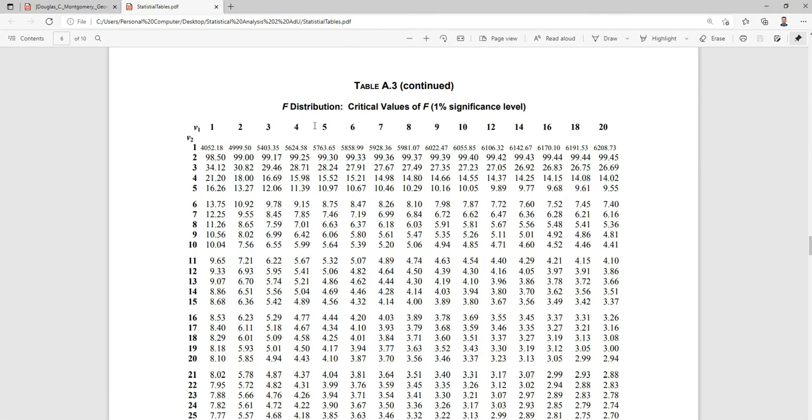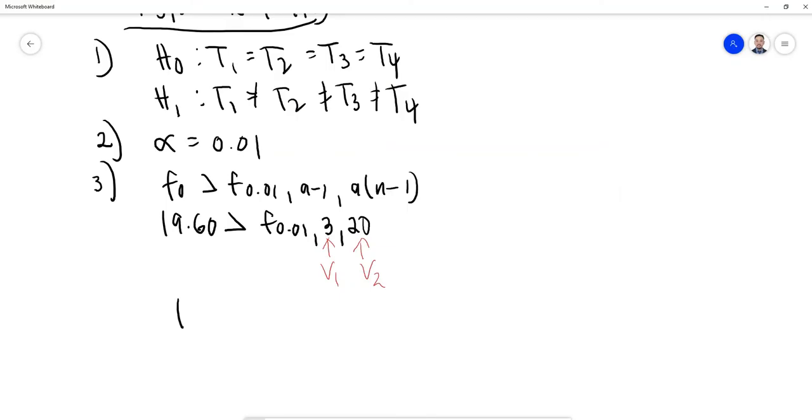Our F distribution table, critical values of F at 1% significance level or 0.01 alpha. V sub 1 is 3. We will look here. And then V sub 2 is 20. We will go down up to 20, which is here. The value is 4.94. So we have 19.60 greater than 4.94 in the F distribution table.